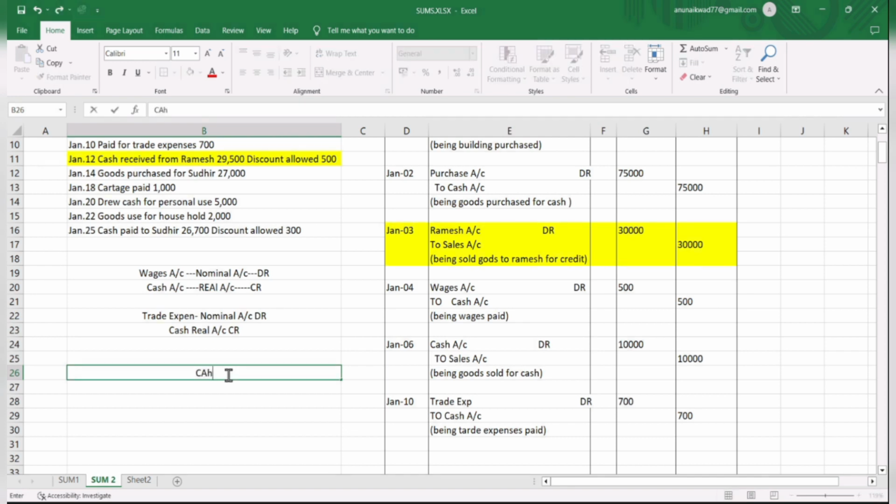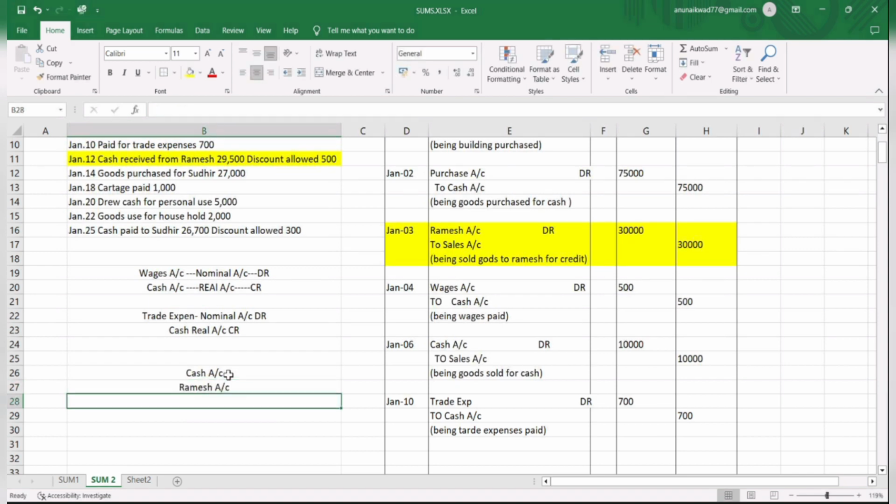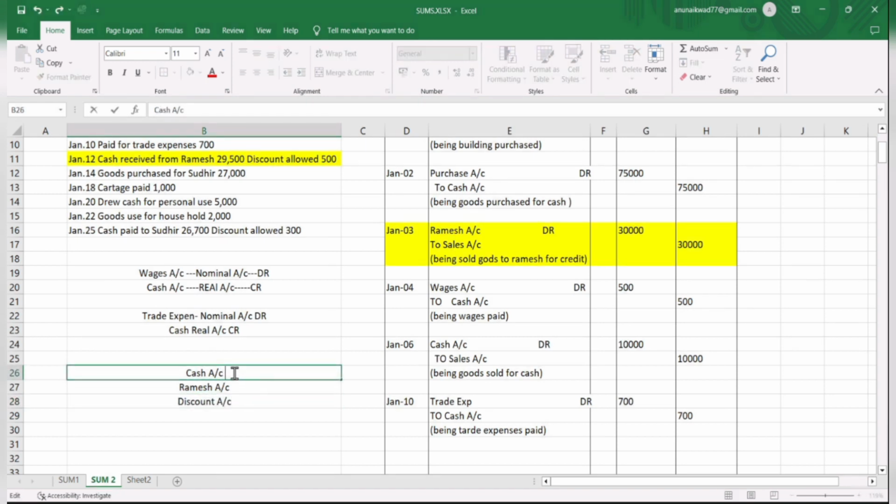First, cash we are receiving. So cash account. We are receiving it from Ramesh for the sales we did, Ramesh account, and we are giving him discount. Discount is allowed here. So discount account. Cash account is a real account, and here we are receiving the cash, so it will be debit.